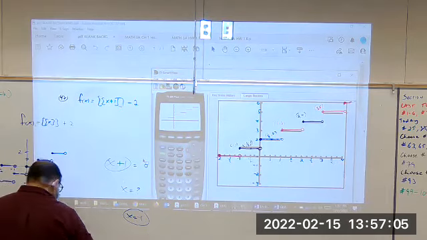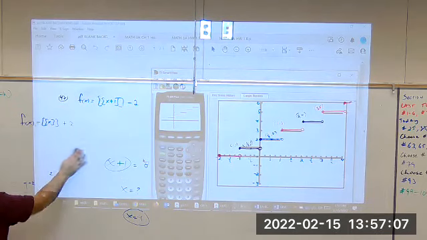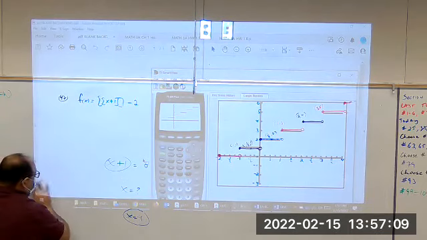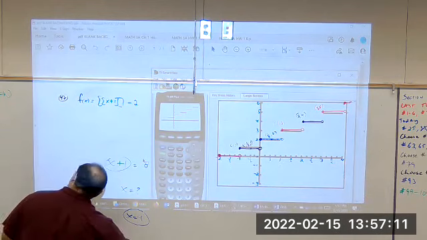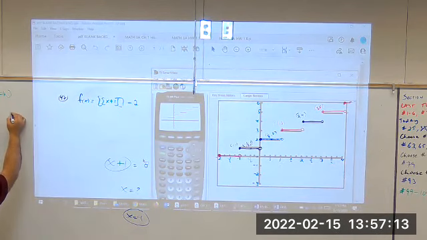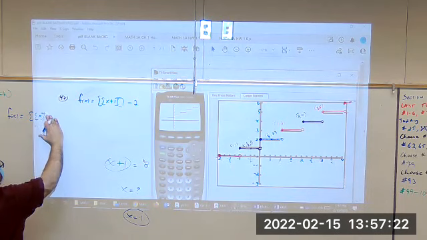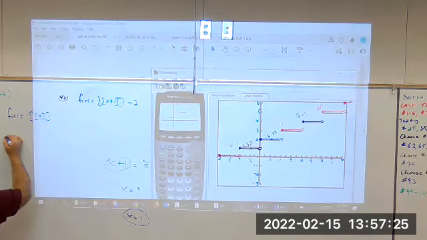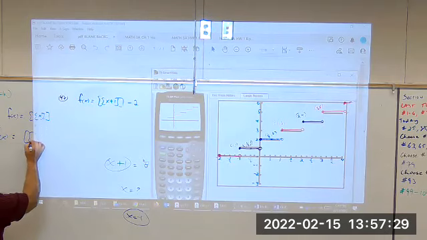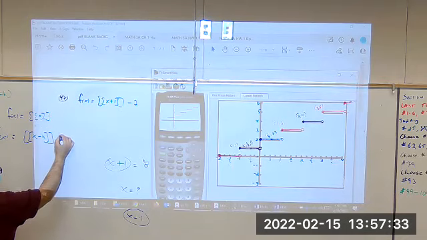So the building blocks are this. What we're going to do to the parent function of f of x equals the step of x is now going to be f of, inside is going to have an x minus h, and then on the outside is a plus k.